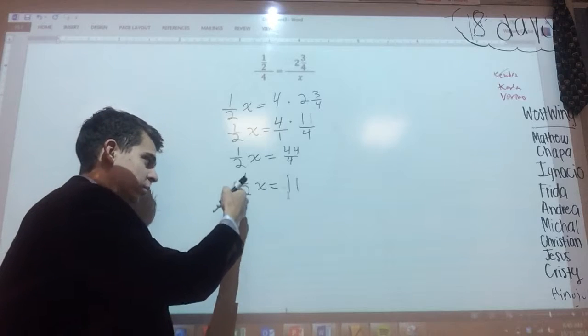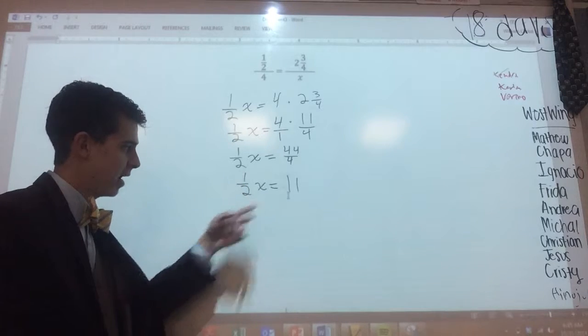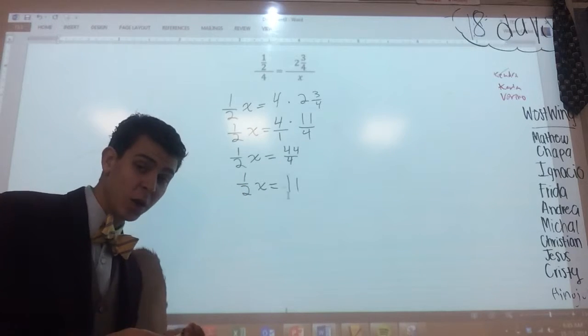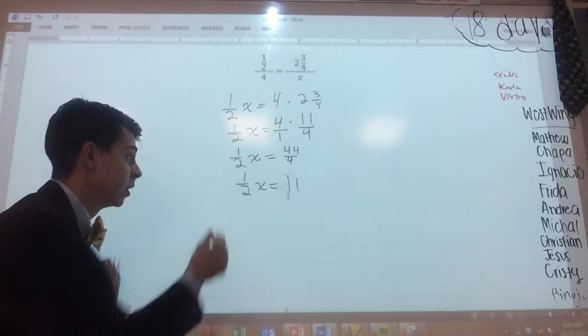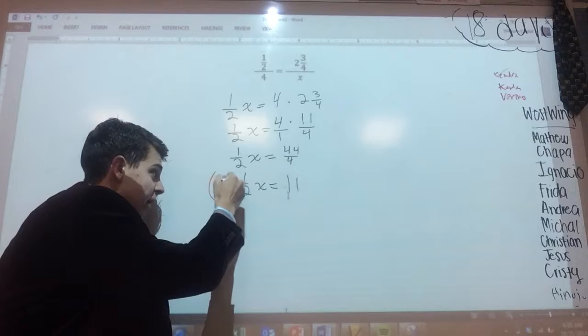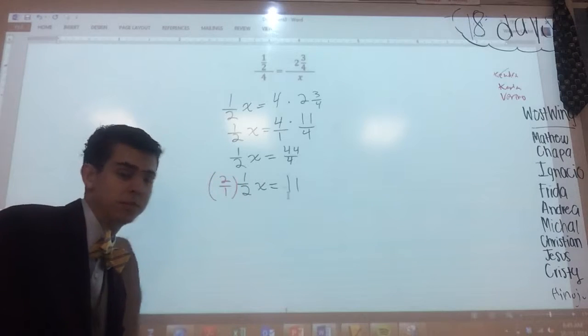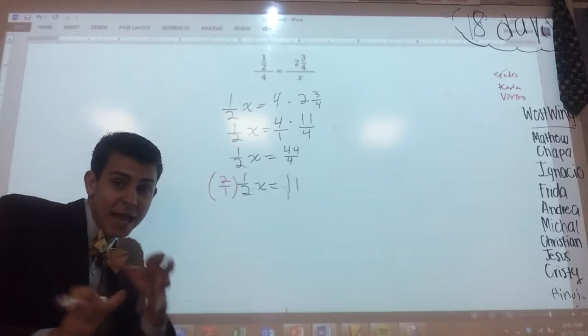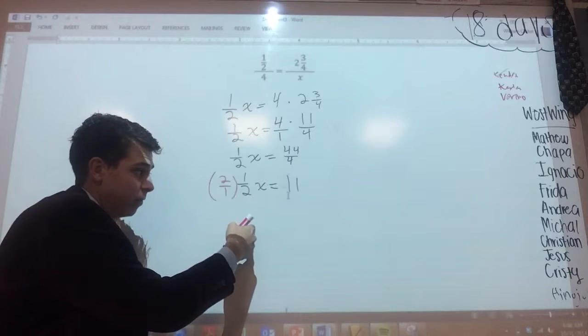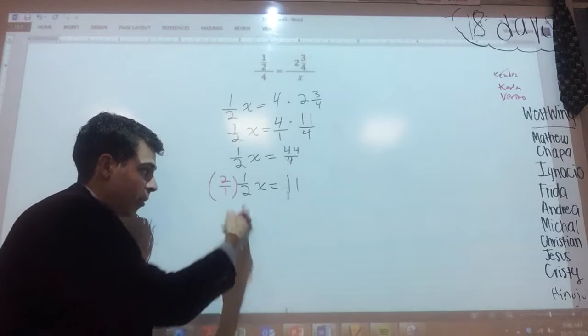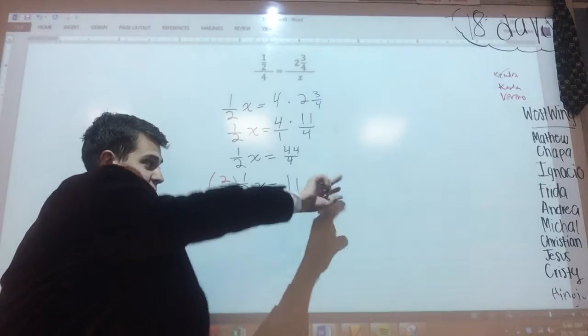And now what we'll do, this 1/2 is being multiplied by the x. I can think of this in 2 different ways. I could multiply both sides by 2 over 1. But it's actually going to be the same thing as if I divide both sides by 1/2, because if I divide both sides by 1/2, over here it's eventually going to be flipped.